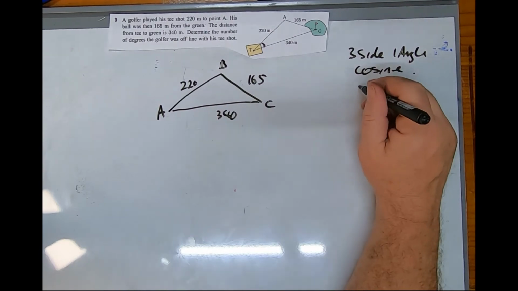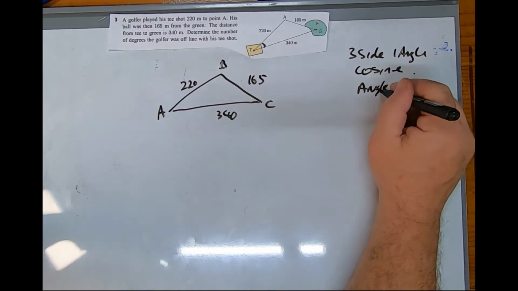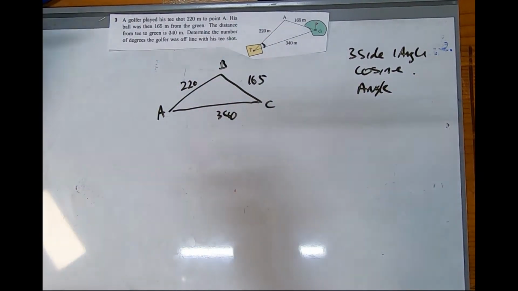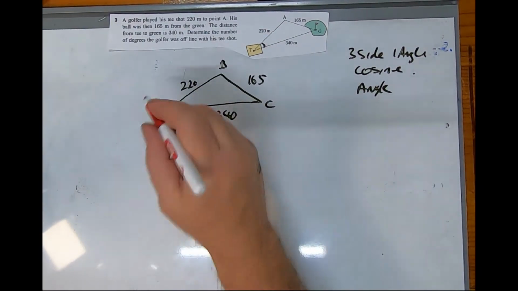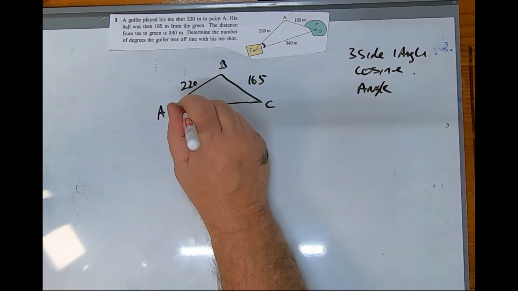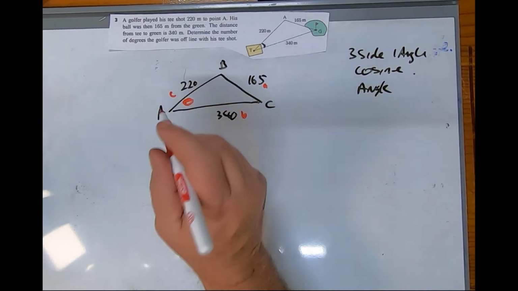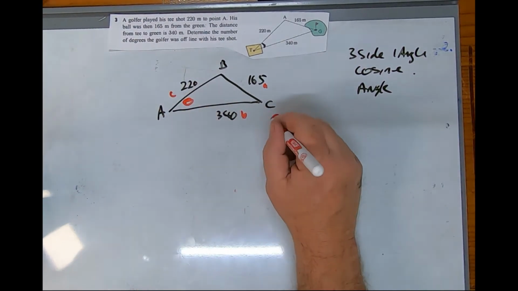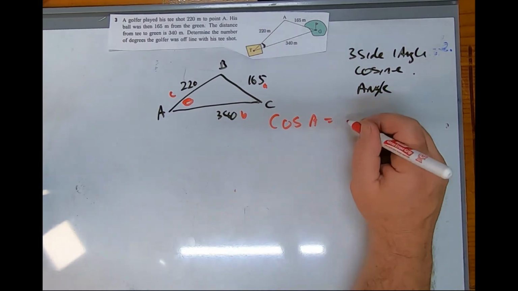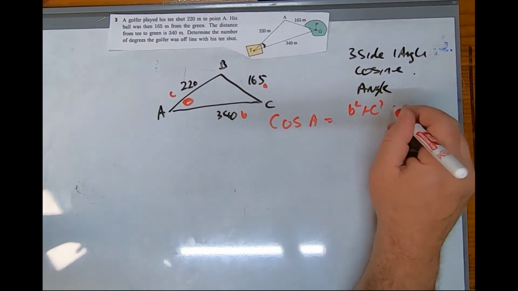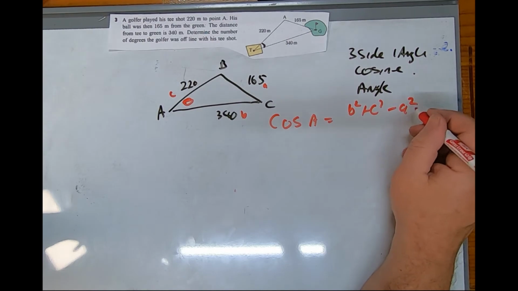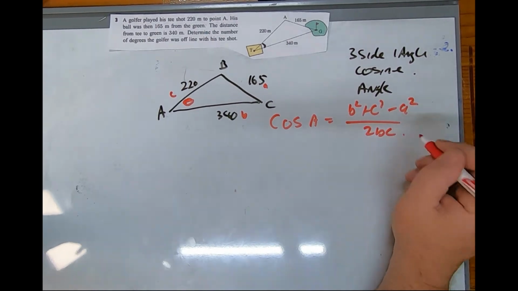Now this time I'm looking for an angle. Let me highlight the angle we're looking for, here. Little a, little b, little c, theta or x or something like that. Here's the rule: cos A equals B squared plus C squared minus A squared over 2BC.